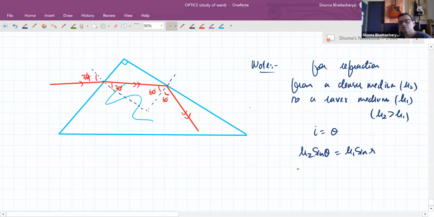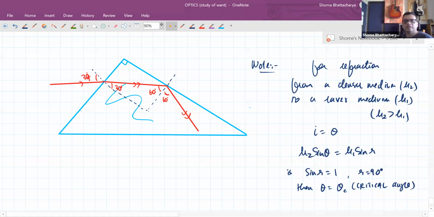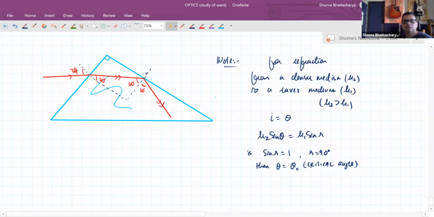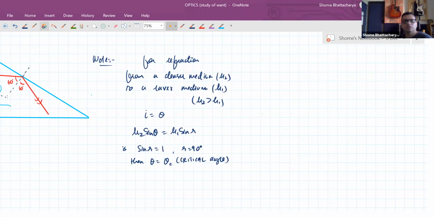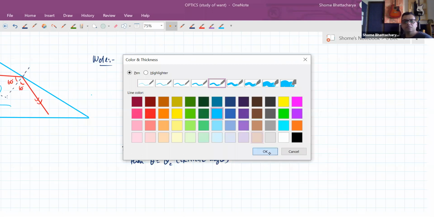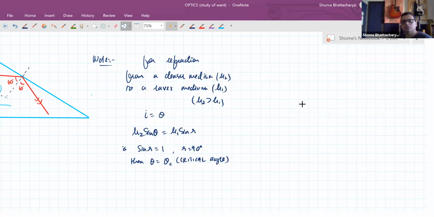Okay. So now if sine r is equal to 1, that is r is equal to 90 degrees, then we say theta is equal to what we call critical angle. Okay. So that critical angle phenomenon is like this. When the ray bends just about enough for what is called grazing emergence or normal emergence.